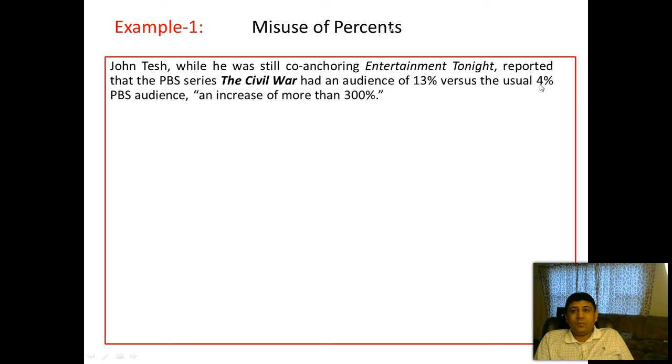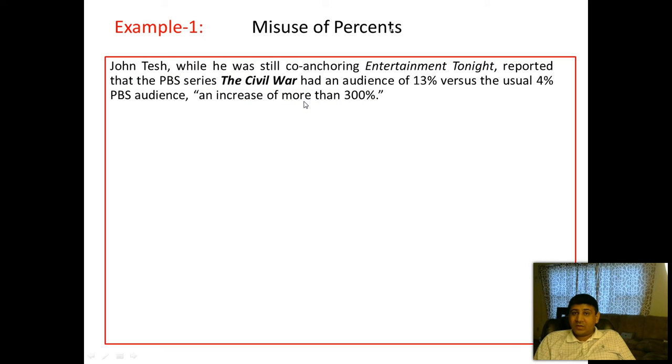So normally 4% of people watch PBS, but when the show Civil War was on, it was boosted up to 13%. Now the way he reported it, he said, hey, this show is a big hit, and when the show is on, there's an increase of more than 300% in the audience.